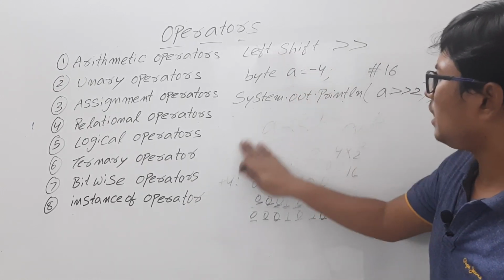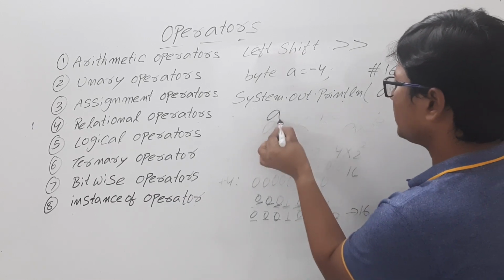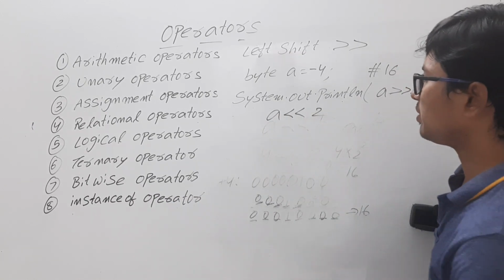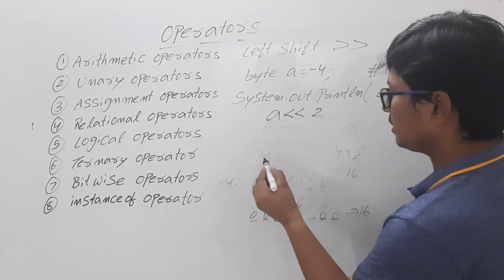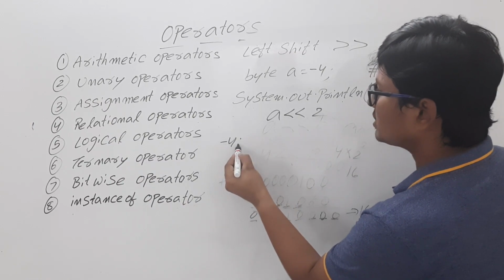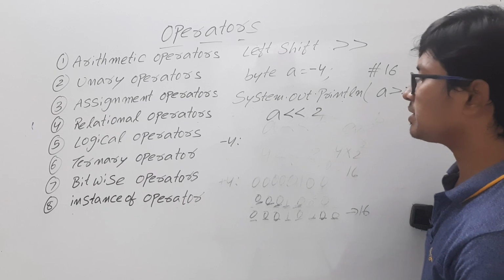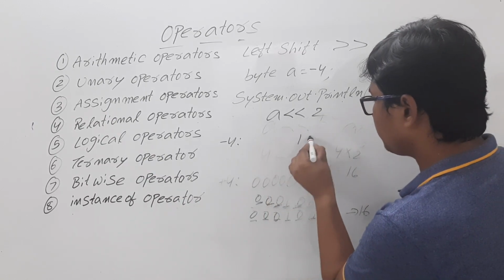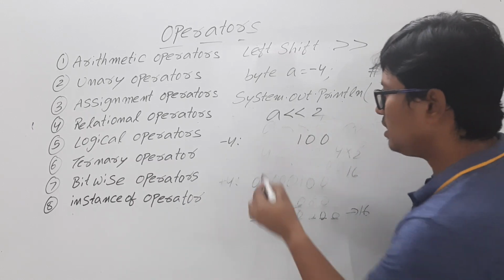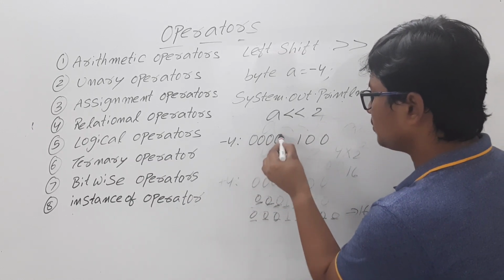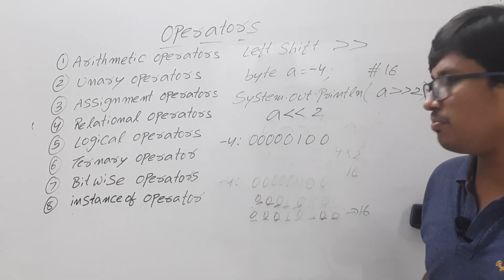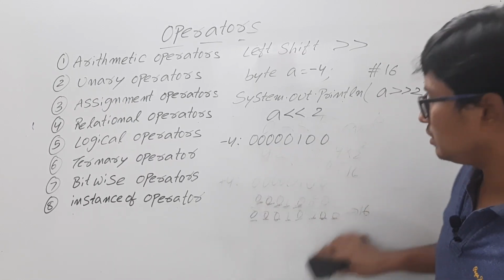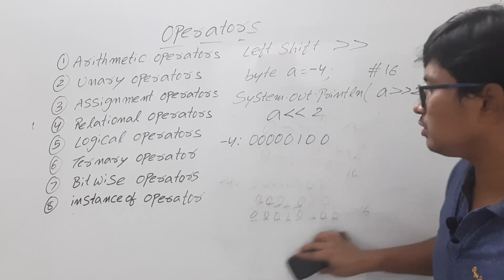So first you need to represent the -4. How will we represent the -4? First we will represent the +4. +4, how will we represent? 1 0 0, and the remaining 5 zeros you will have. This is +4.